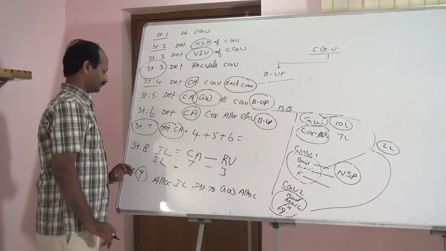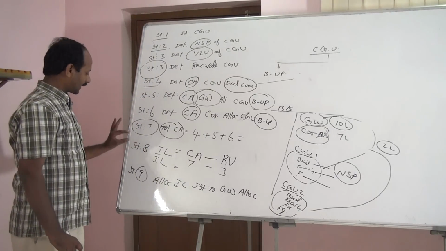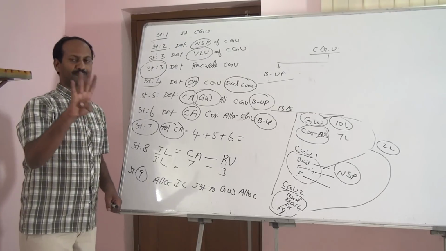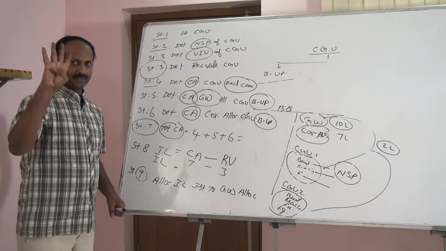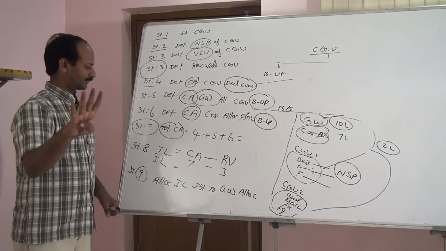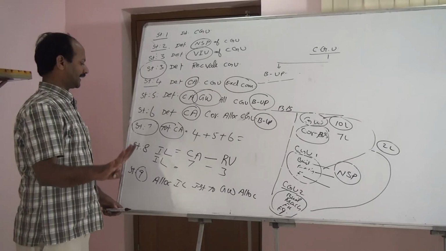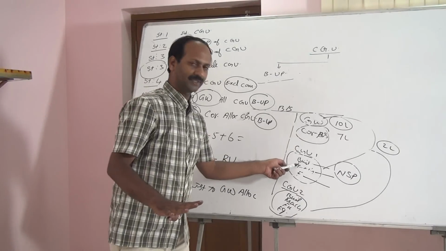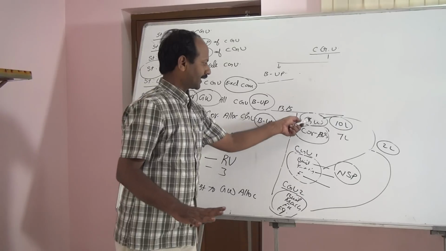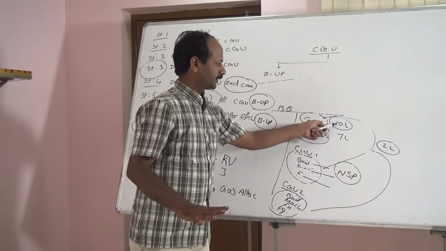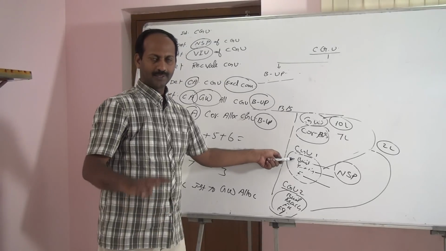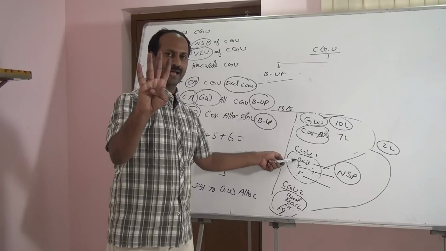In our problem, suppose in step number 8, the impairment loss is say 4 lakh. This impairment loss of 4 lakh shall first be deducted from the goodwill allocated to this CGU. In our example, of the goodwill of 10 lakh, 2 lakh is allocated to CGU1. Impairment loss is 4 lakh.